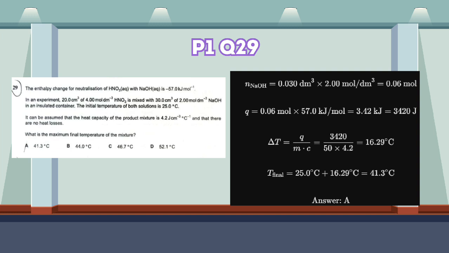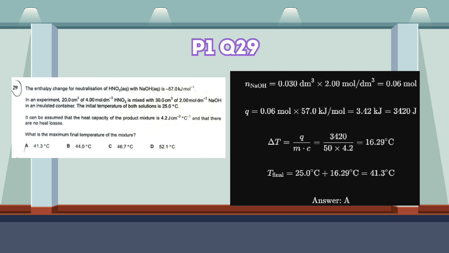For mole of NaOH is 0.03 times by 2 mole, and then the value is 0.006 mole.